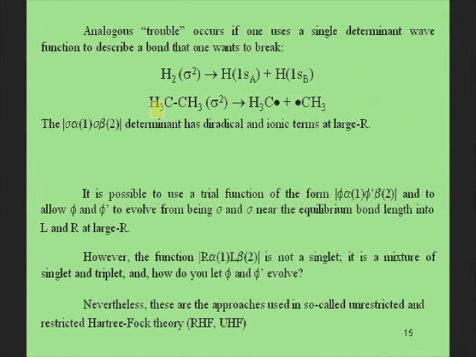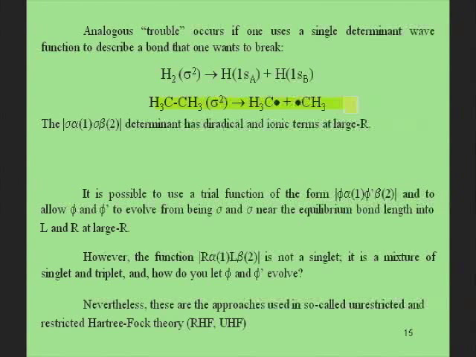We could also be breaking apart an ethane molecule into two methyl radicals. We could be talking about the carbon-carbon sigma bond formed from an orbital here and an orbital there, left and right, and the same kind of analysis would be obtained there.